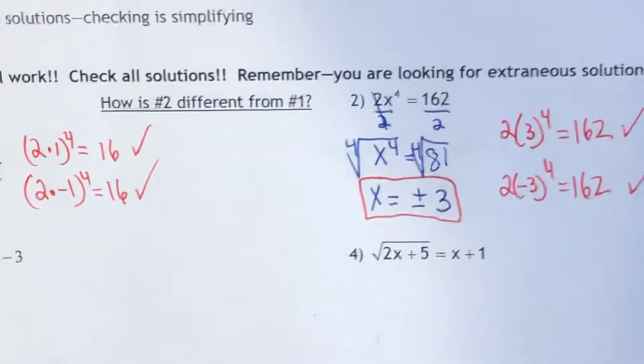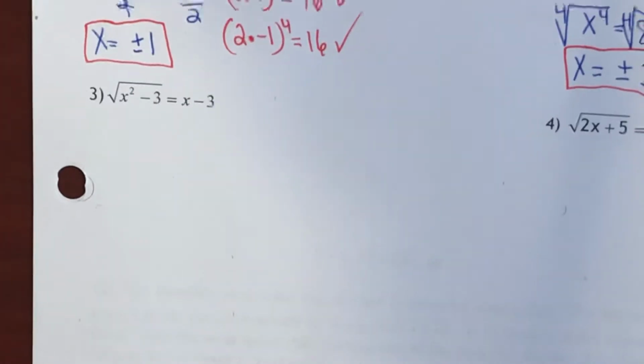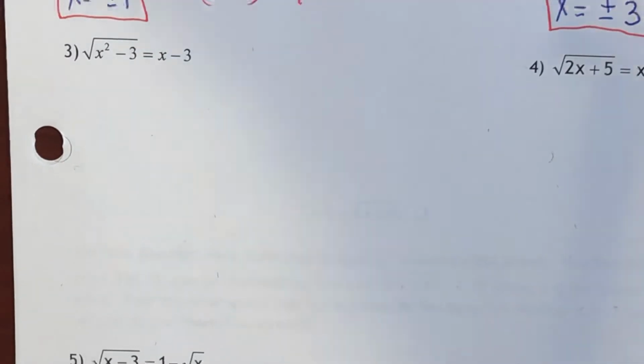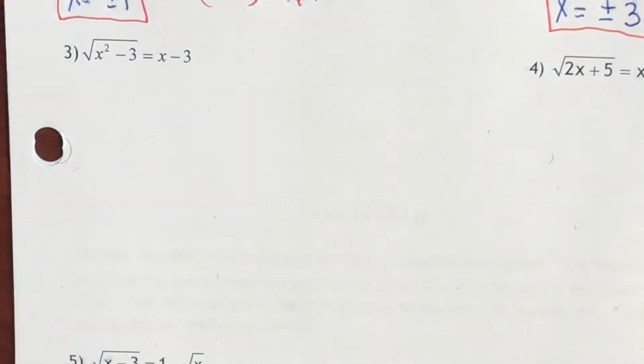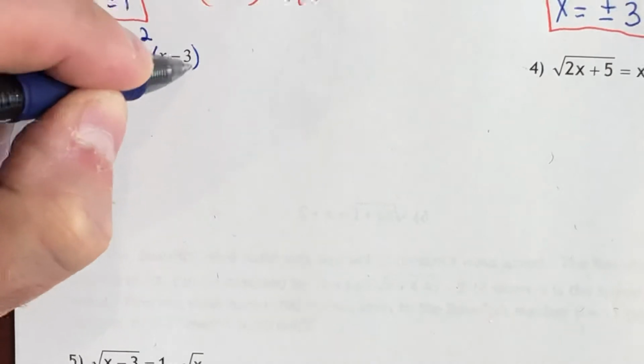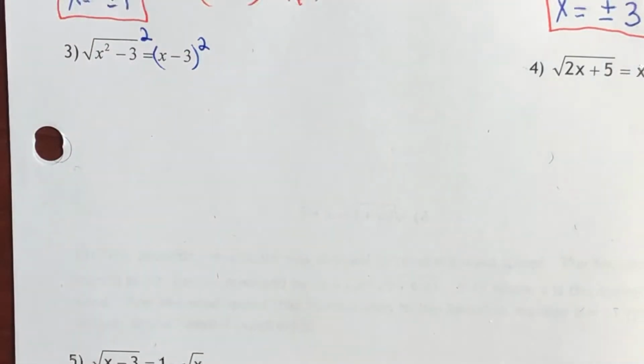Moving on, number 3. Got plenty of space here, it looks like. All right. The square root of x squared minus 3 equals x minus 3. So the first thing I'm going to do is square both sides. That gets rid of my square root on the left side.